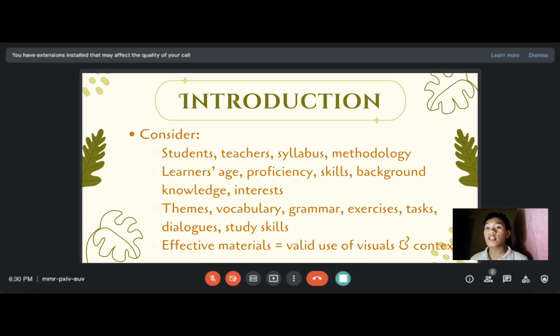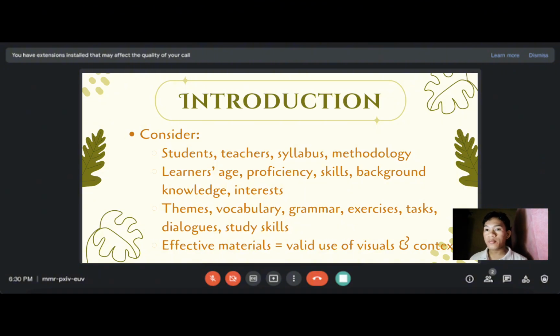Next is step number 4, which is planning the content. After you determine the objectives, after you conduct the needs analysis, and after you consider the other factors, now you need to plan the content.